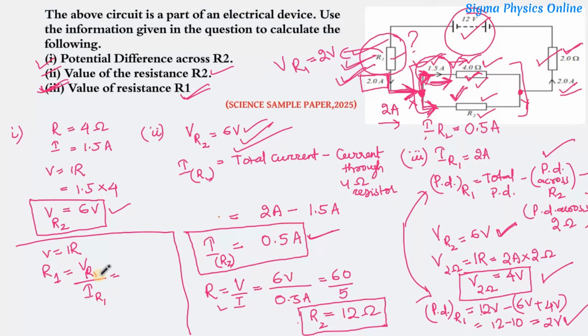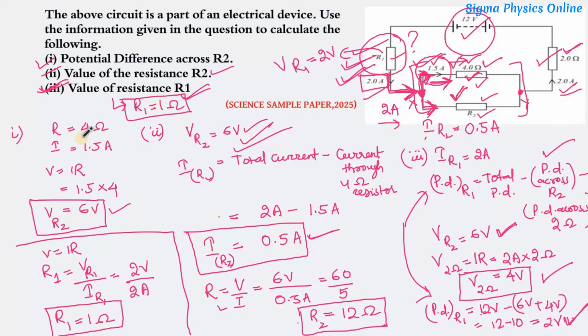The potential difference across the resistance R1 is 2 volt, which we got just now, and the current given over here is 2 ampere. So the resistance R1 is 1 ohm. That is, the value of resistance R1 is 1 ohm. So this is the final answer.